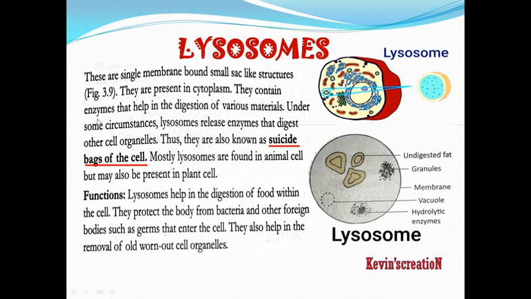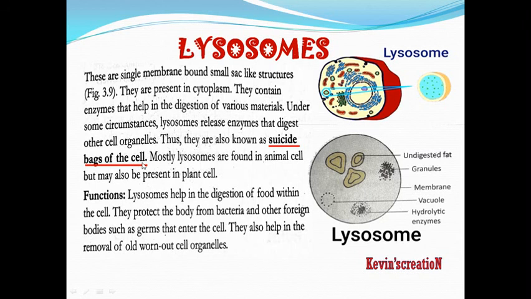The function of the lysosome is to digest the various materials inside the cell. But what happens under certain circumstances? It just does the opposite. It starts digesting other cell organelles like the nucleus, mitochondria, endoplasmic reticulum, and that means it starts killing itself, killing the cell itself, and that is why it is called the suicide bag of the cell.